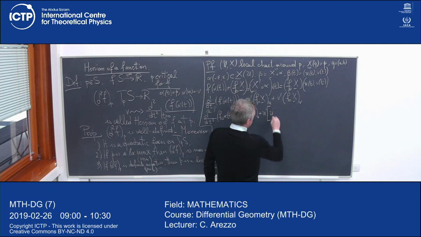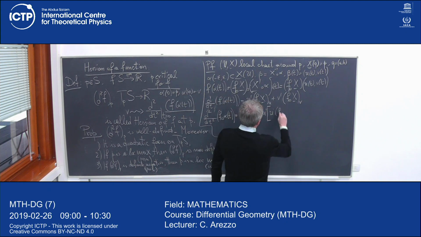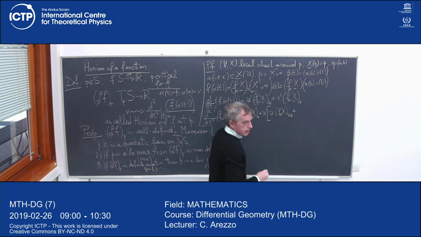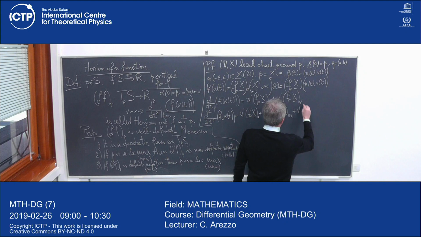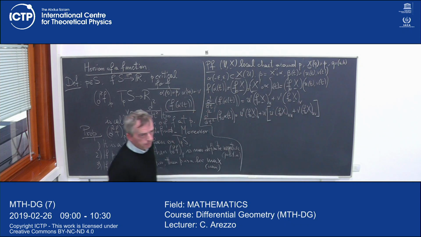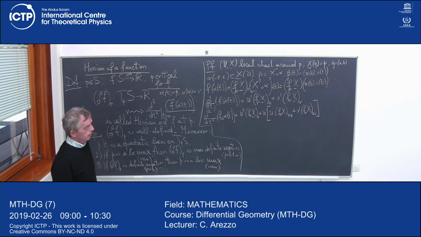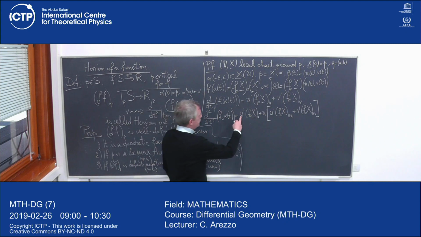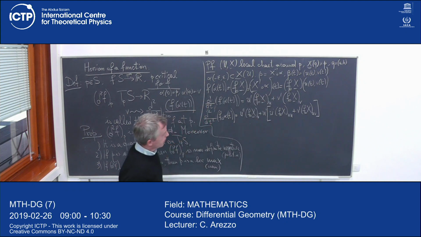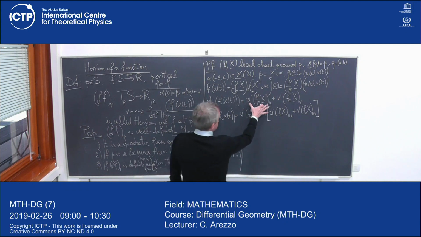So this becomes u prime times f composed x u u plus v prime f composed x u v, which was there from the beginning, and now times v. Remember that these are computed at t and these are computed at beta of t.